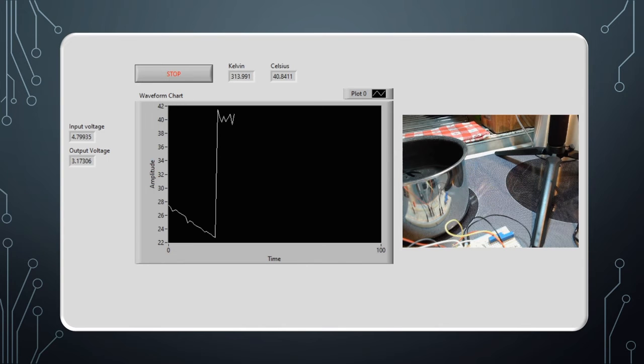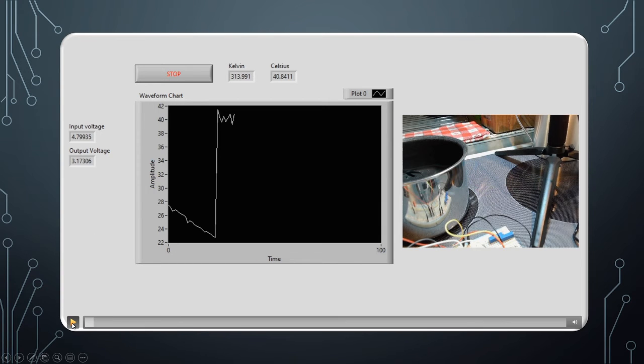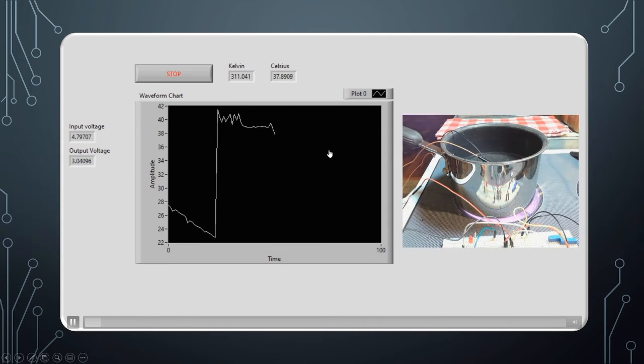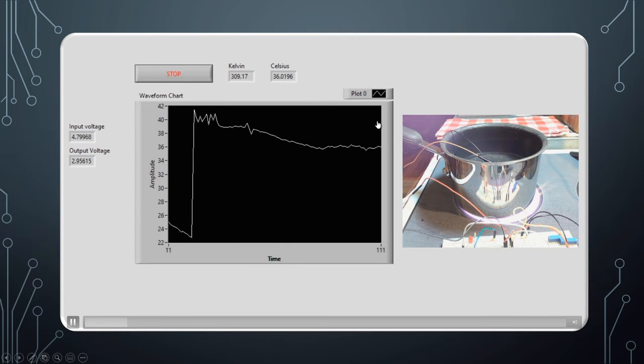and the water was tap cold. I didn't have any ice, but it definitely wasn't hot water. For whatever reason, as soon as I put it in, it jumped up to 40. We'll see. It kind of comes down a little bit as the water heats up, stays around in the 30s, and then starts to climb back up.